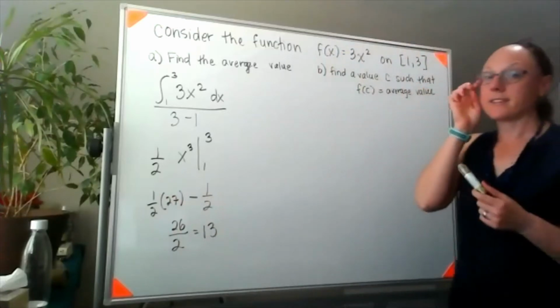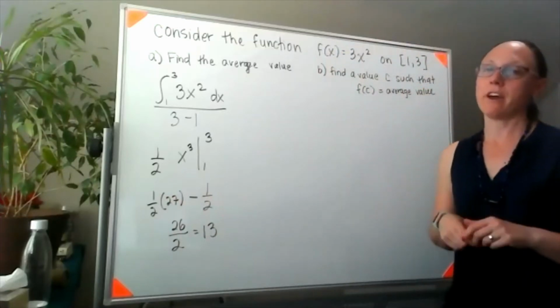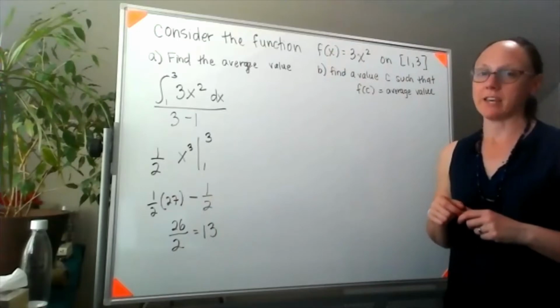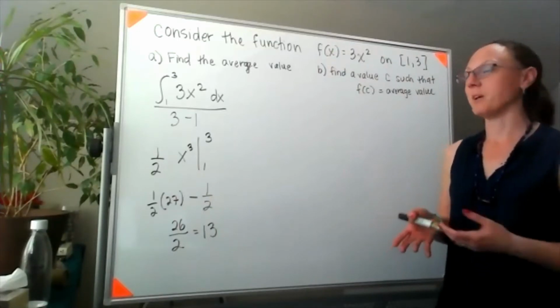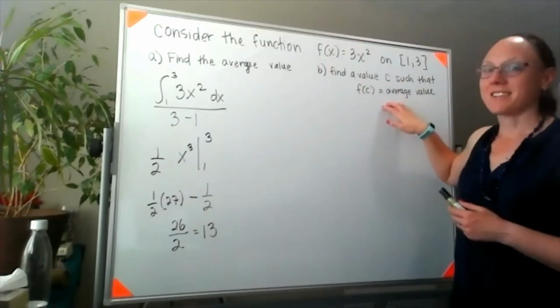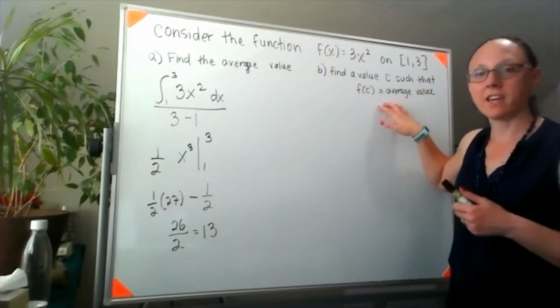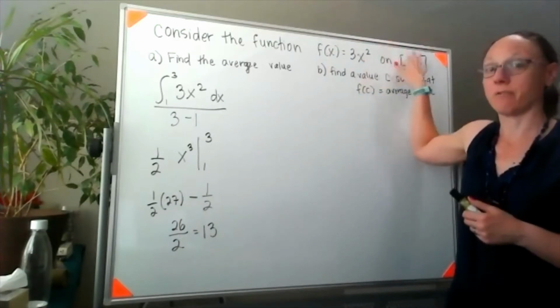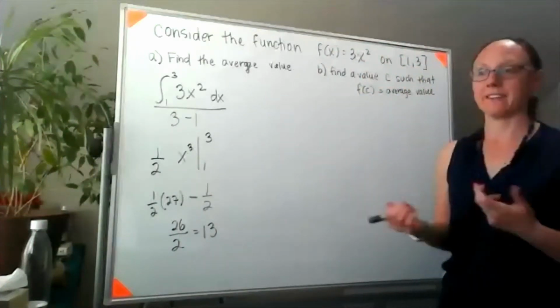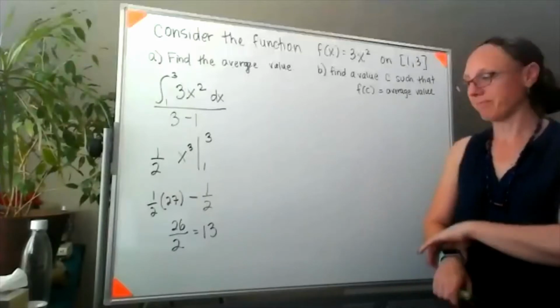Now I want to look at this second part. So finding a value of c such that f of c is equal to the average value, first of all, there's a theorem that tells us that we're guaranteed to find such a c so long as our function is continuous and differentiable on our interval. And that's the mean value theorem for integrals.